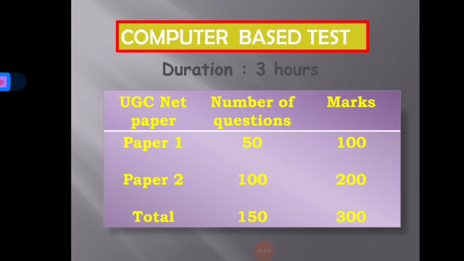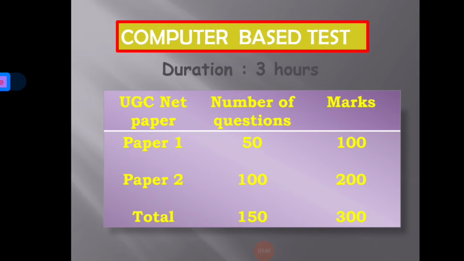So here we can see the UGC NET exam is basically a computer based test, and it takes 3 hours, and there are two papers, paper 1 and paper 2. Paper 1 contains 50 questions carrying 100 marks, that means 50 into 2, that is 100, and the second paper contains 100 questions carrying 200 marks, that is 100 into 2, that is 200.